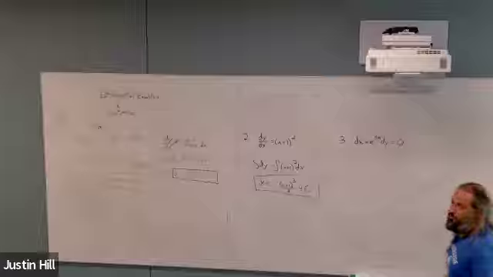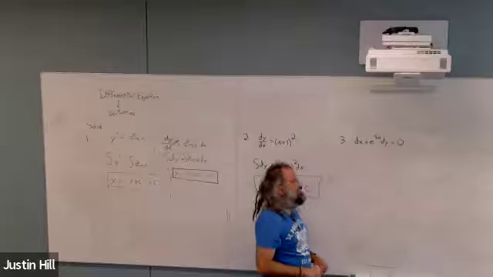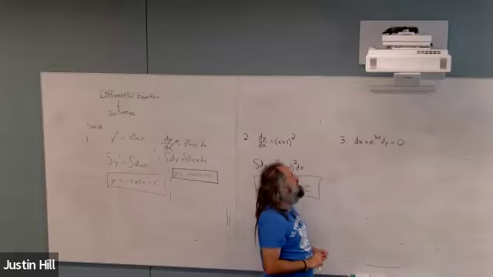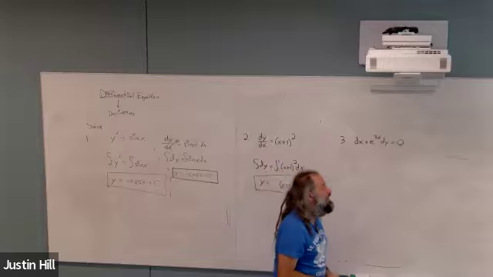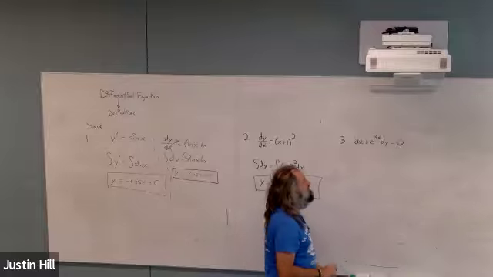Again, this is a differential equation. It has a derivative, kind of rearranged algebraically in pieces, but we have a derivative of x and a derivative of y. And we want to solve this differential equation.